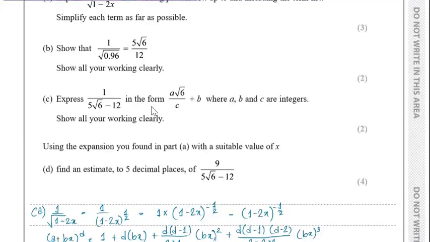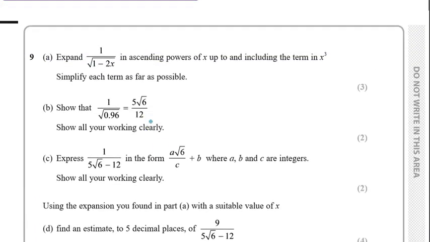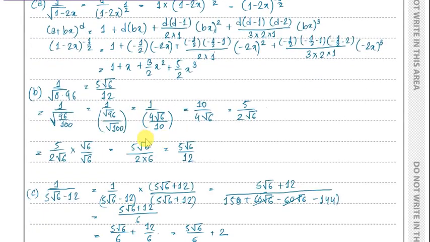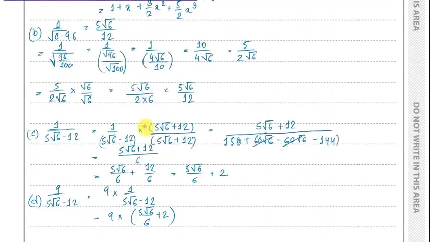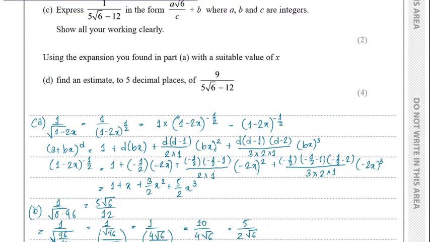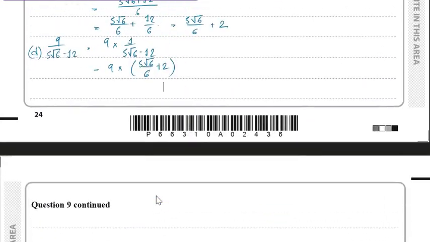And why do we need that? We actually need to bring 1 by root over 1 minus 2x here, so that we can bring the expansion of part A in part D, and we use that to find the value of 9 by 5 root 6 minus 12.